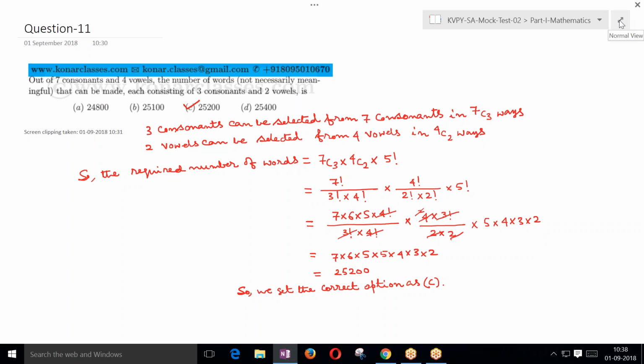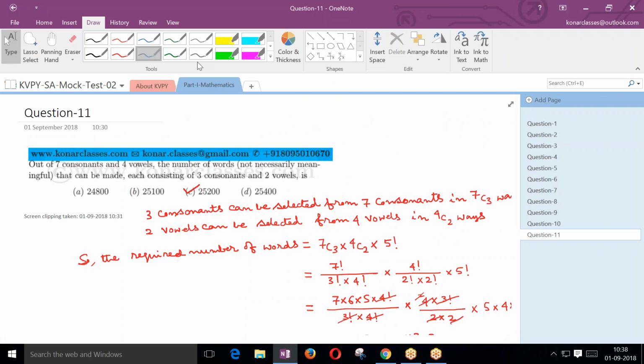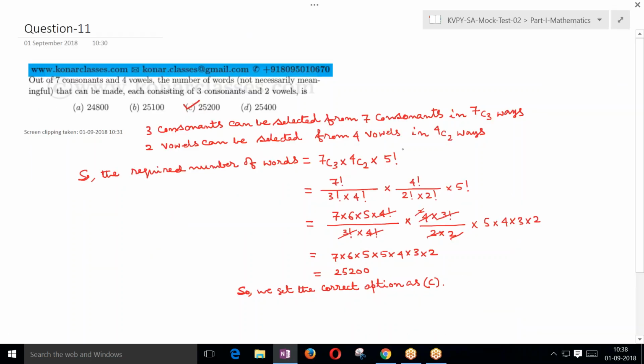Actually, we haven't learned permutations and combinations, so I didn't understand what exactly 7C3 ways and 4C2 ways is, and also how it becomes 7 factorial by 3 factorial into 4 factorial. Thank you very much for your question. Absolutely, I can give you a quick recap on theory.